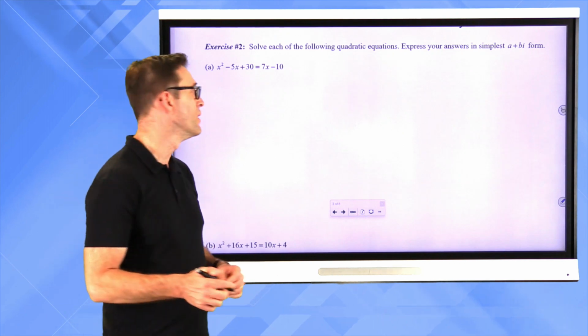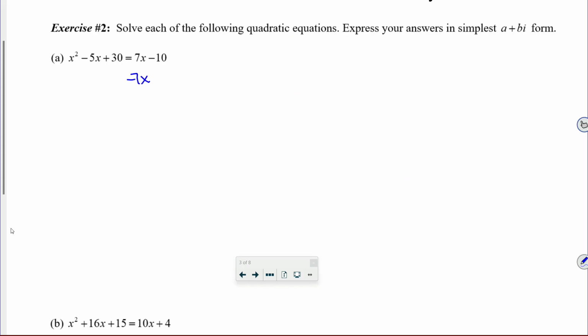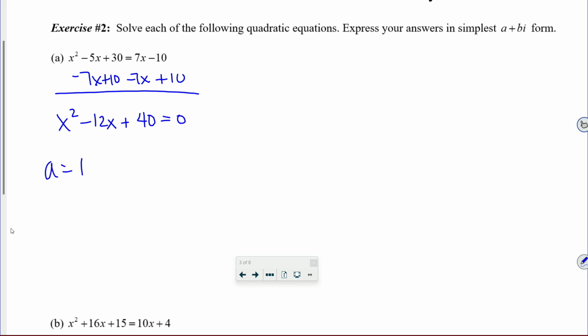All right, so let me first get everything equal to 0 by subtracting a 7x and adding a 10 to both sides. That's going to leave me with x squared minus 12x plus 40 is equal to 0. If I'm going to use the quadratic formula, I've got a equals 1, b equals negative 12, and c equals 40.